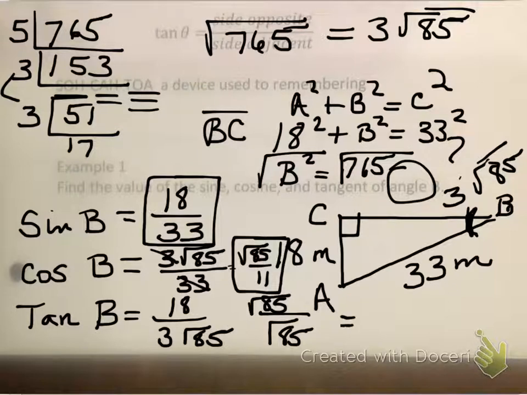When I multiply that, I'm going to get 18 rad 85 all over 3 times 85, because a rad and a rad get rid of the rad.